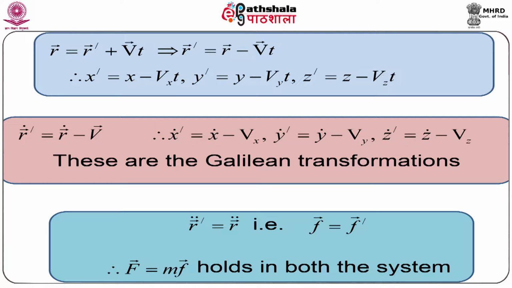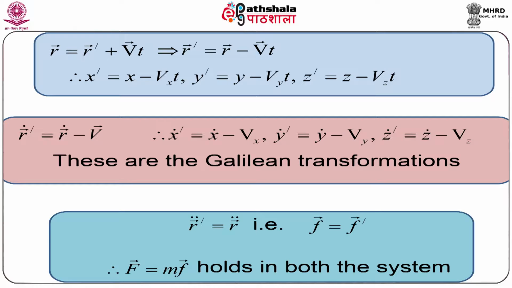Capital V suffix x is the component of V vector along the x axis. Capital V suffix y is the component of velocity vector capital V along the y axis. Capital V suffix z is the component of velocity vector along the z axis.